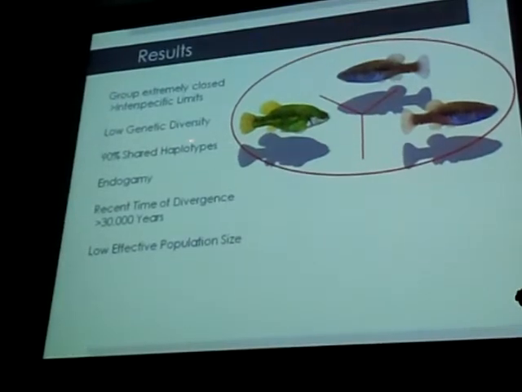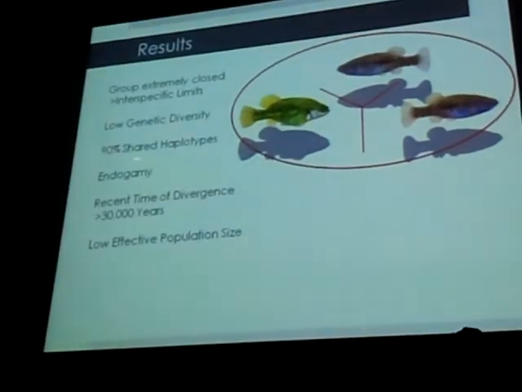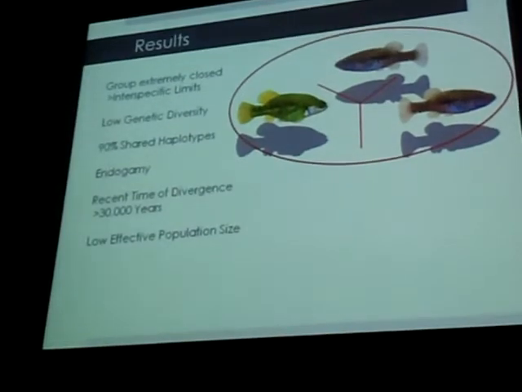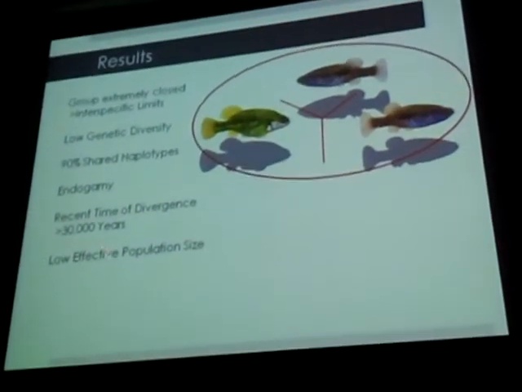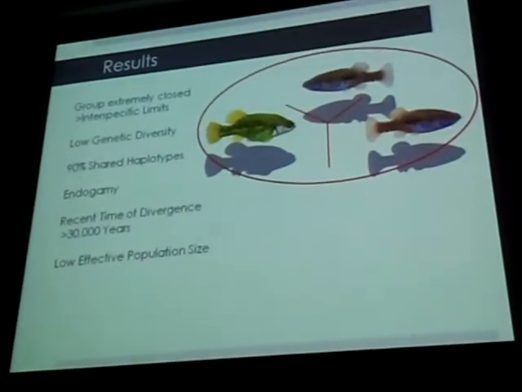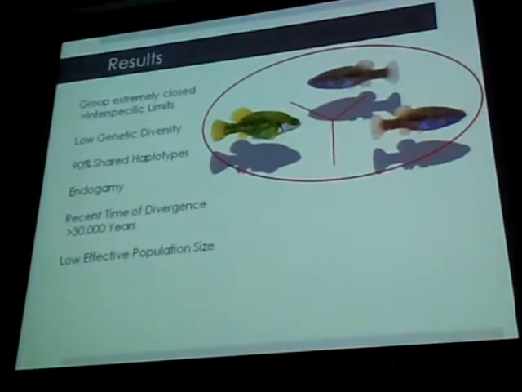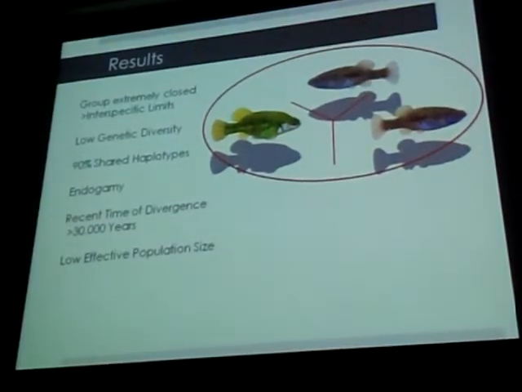The haplotypes are shared in the three cases, and present a high rate of endogamy. The time of divergence is very recent, around 30,000 years.